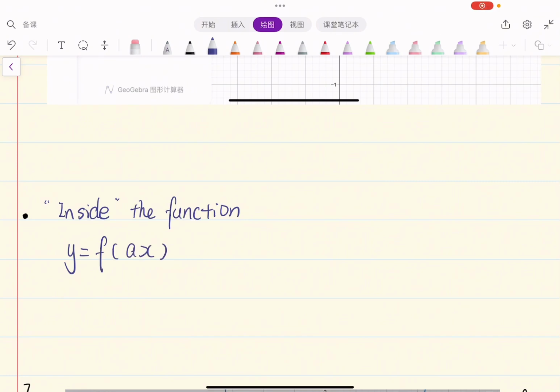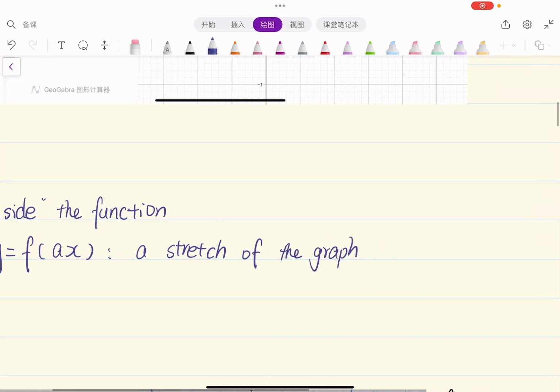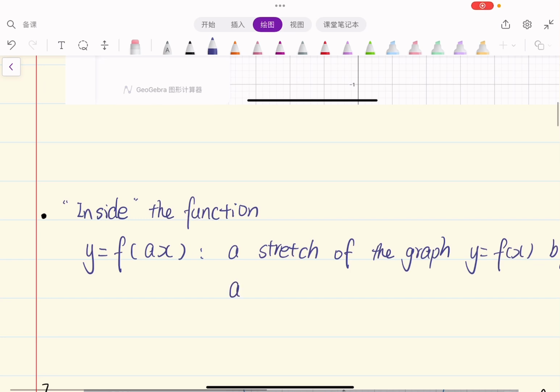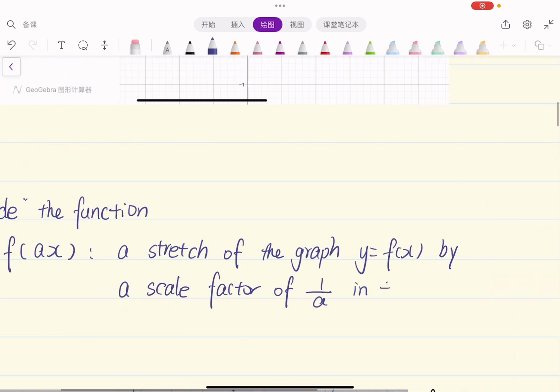Inside the function, this means a stretch of the graph y equals f(x) by a scale factor of 1 over a in the horizontal direction.